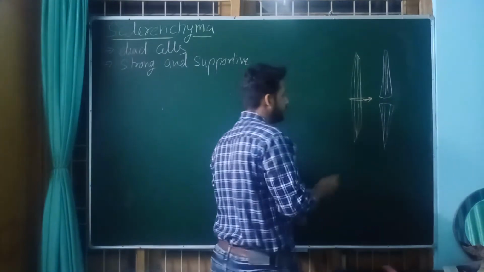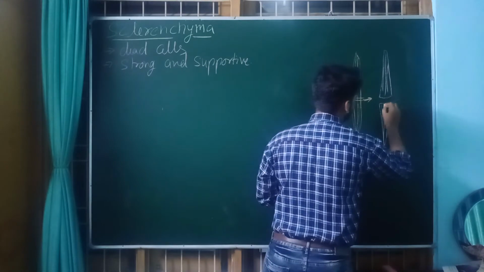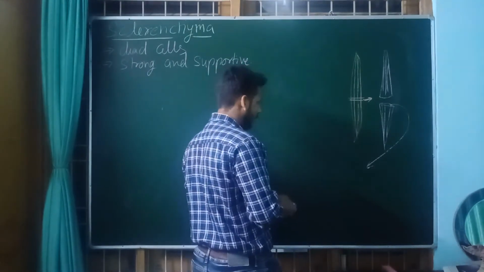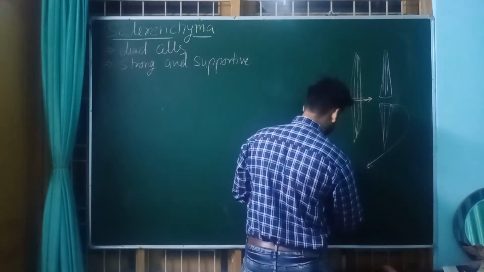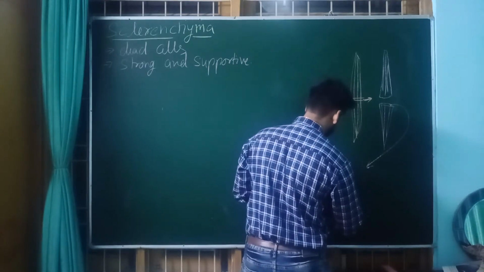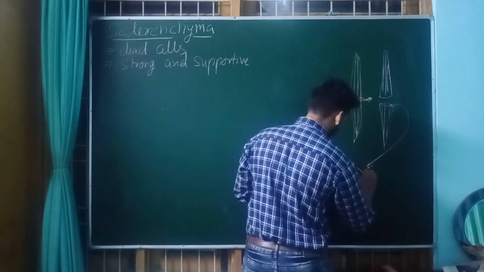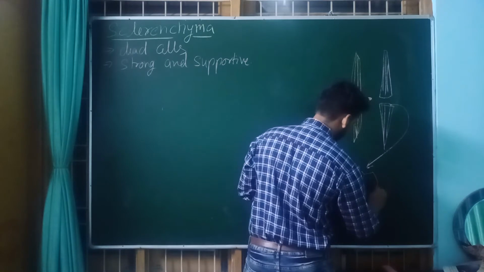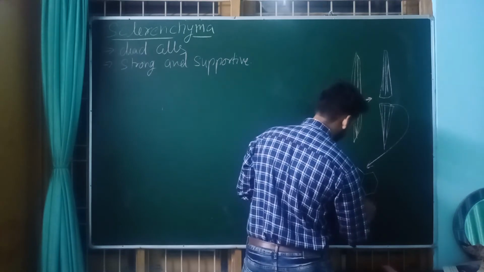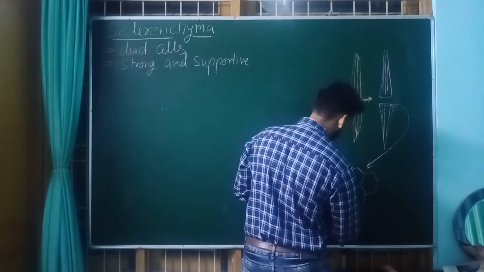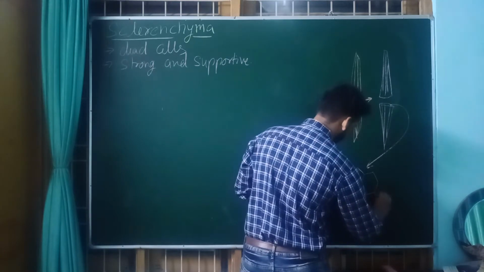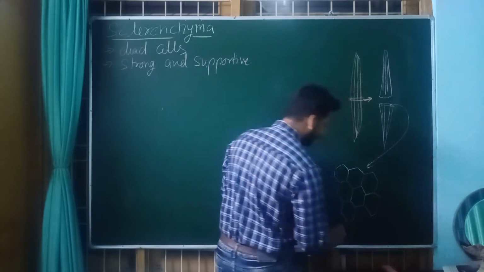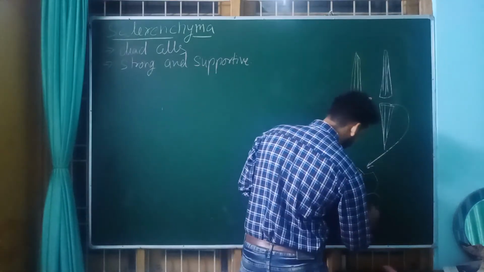We will find this transverse structure, as you can see, somewhat polygonal in shape. And here there are thick cell walls, which are filled with lignin.